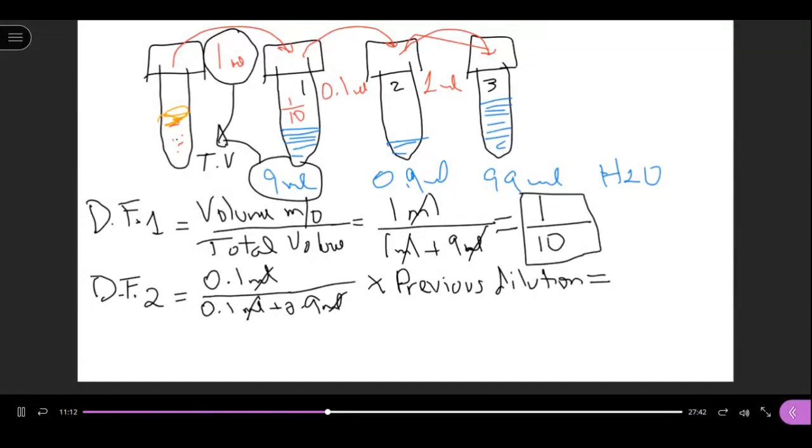So we have 0.1 over 1 times the dilution factor for tube 1, which is 1 to 10. When you do the math, the dilution factor for tube 2 is 0.1 over 10.